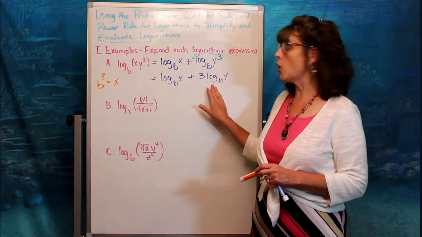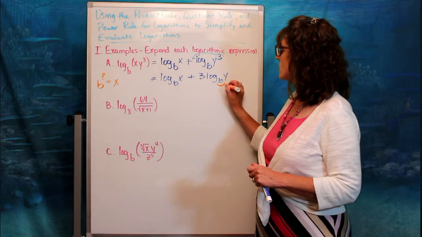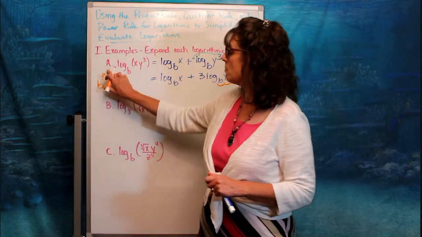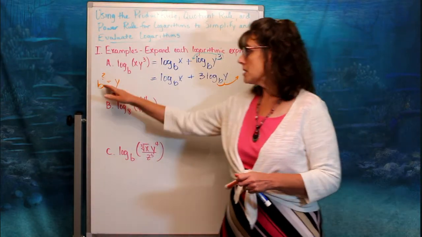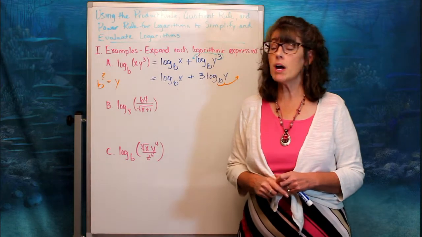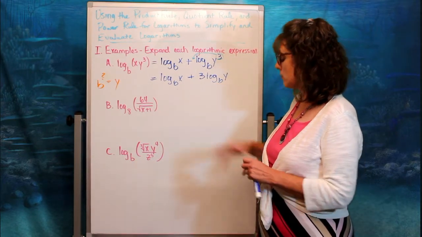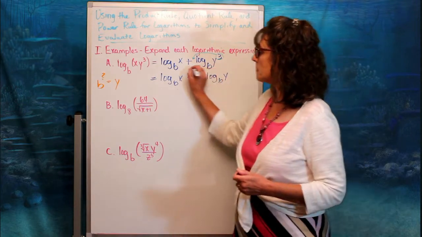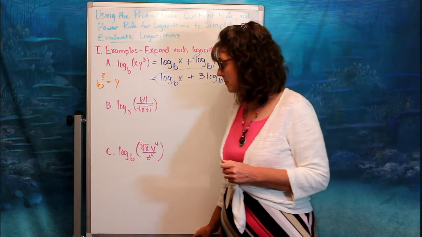Could I evaluate log base b of y? Similar idea. That's going to mean base to the outside power, b to some power, is going to equal this number on the inside, which says how many times would I multiply b by itself to create a y? I can't multiply b by itself to create a y. So therefore, I will not be able to evaluate this one either. This is expanded and it cannot be simplified or evaluated.